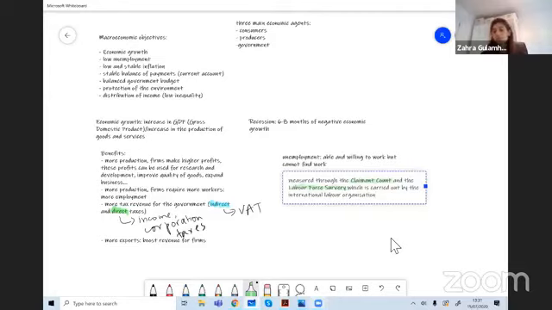The Claimant Count is the number of people claiming benefits, and the way in which that works is you have to go every 2 weeks and show that you're actively looking for work. So you have to show a couple of applications you've made and show that, okay, I applied to so-and-so place, this is what they said, and I got rejections and so on. And then they give you the benefit amount every 2 months into your account.